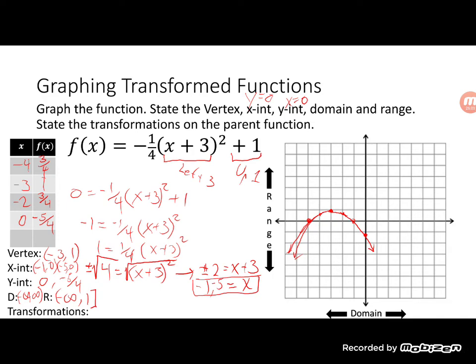Now for the transformation. Again, we're looking for the parent function. We want to know what is making this kind of U-like shape, or this parabolic shape. And if you know your quadratics, you know that's being caused by an x squared equation. So our parent function is just g of x equals x squared. That's a little bit cramped, my apologies. Okay, so g of x equals x squared. Notice the x's are the same, so what is the square?